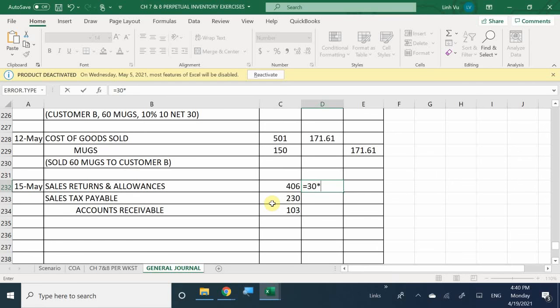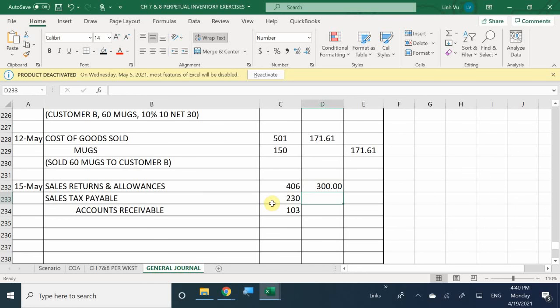$10 each. We charged them $10 per cup. So in this case, how much am I supposed to be refunding? $300. Now, we also have to give back their tax money, because we can't keep their tax money when we're giving them a refund. We have to give a portion of their tax back because it's not our money, it's their money.